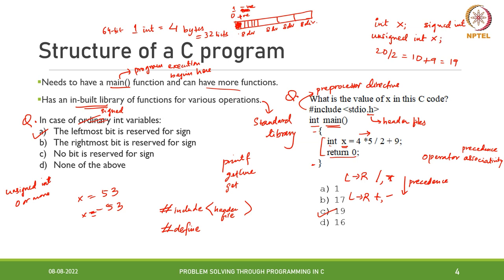In this case, it will not reserve any bit for storing the sign. But as you asked earlier, if I'm defining a signed integer, int x, even if it's a positive value, the leftmost bit will still be reserved and will have a value of 0 to show that it's a positive value. Okay, does that answer your question?